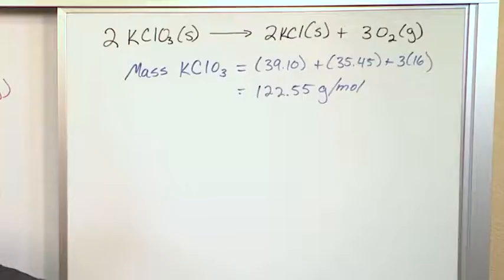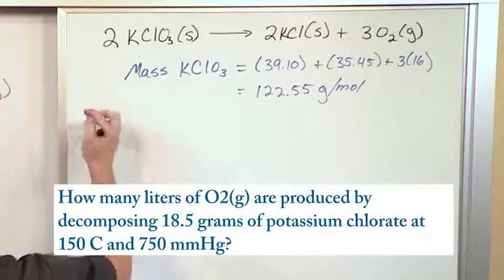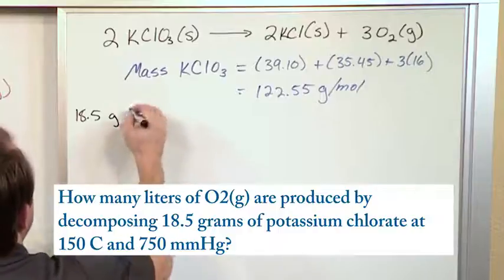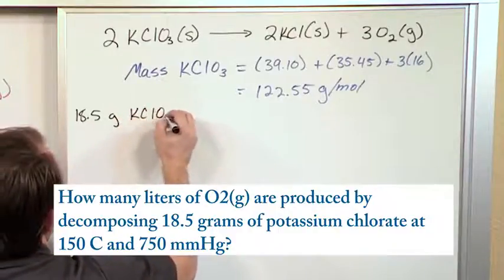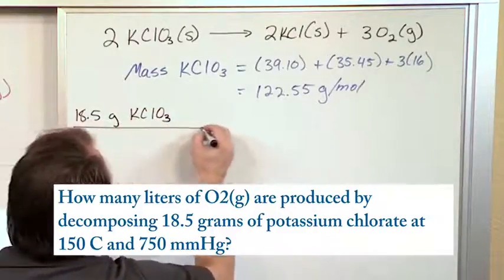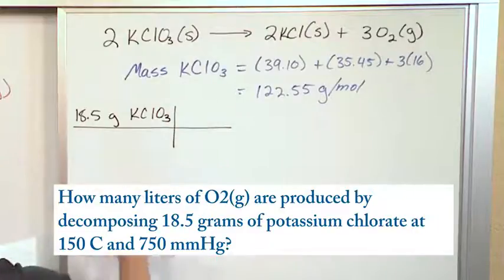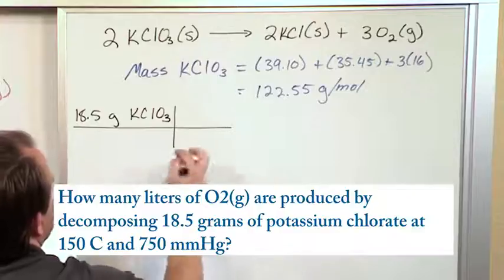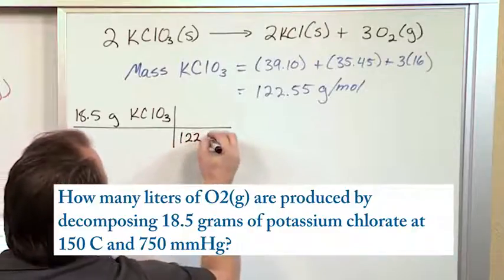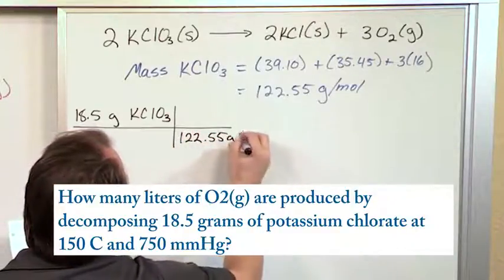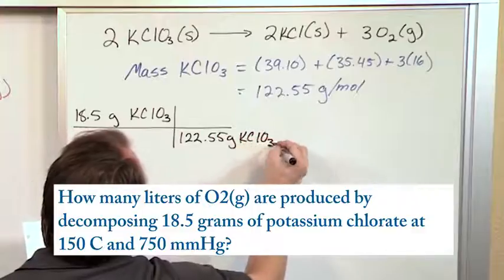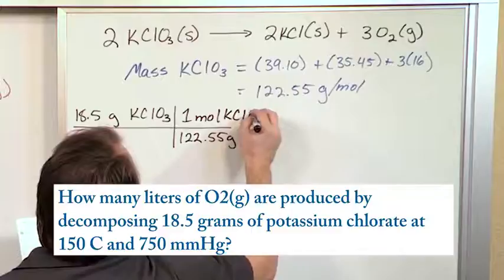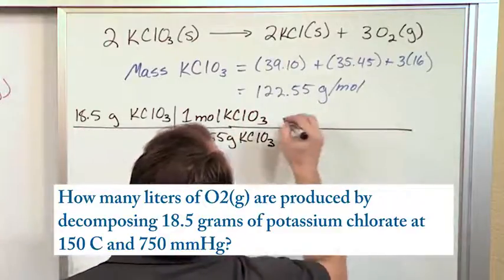So if we start out with 18.5 grams of KClO3, potassium chlorate, and I know that there's 122.55 grams per mole there, then 122.55 grams KClO3 for 1 mole of KClO3, like this.